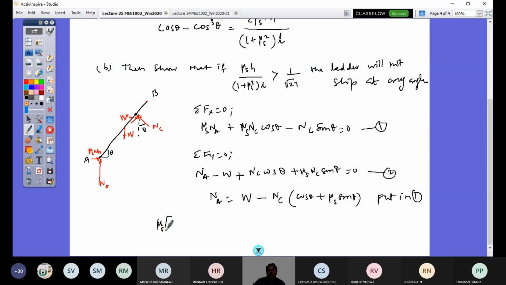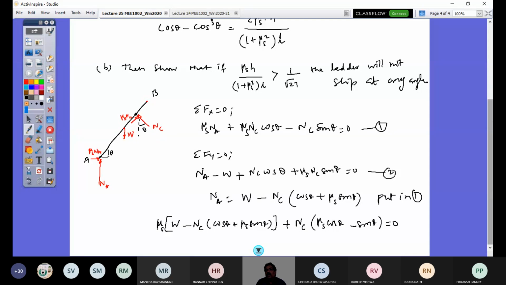So W minus NC within bracket cos theta plus mu s sin theta, right? So that's substituted here, plus mu s NC. So NC, if I take out, it is mu s cos theta minus sin theta. So that is equal to 0.